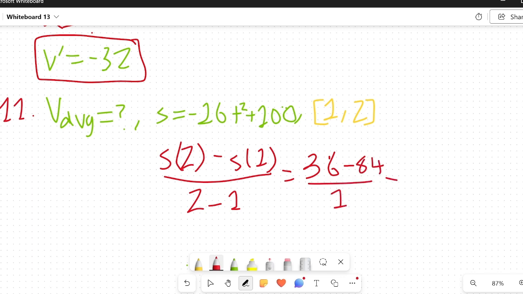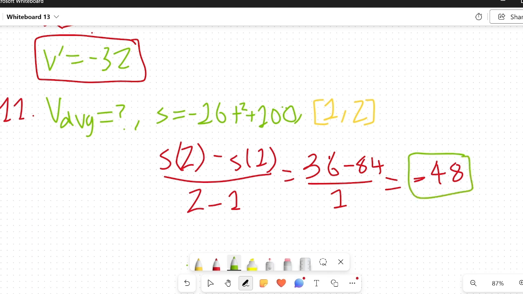So the average velocity across this interval is just going to be negative 48. So this is how we calculate the average velocity.